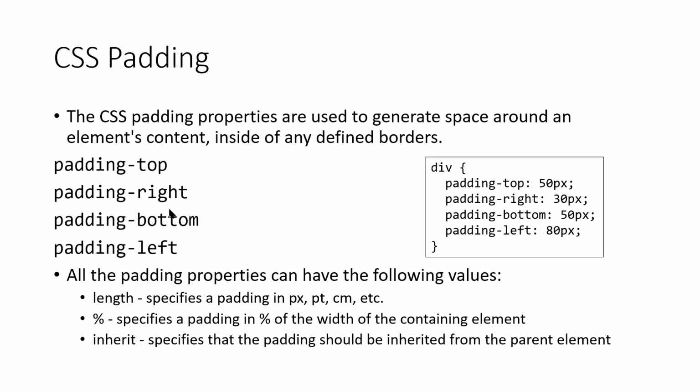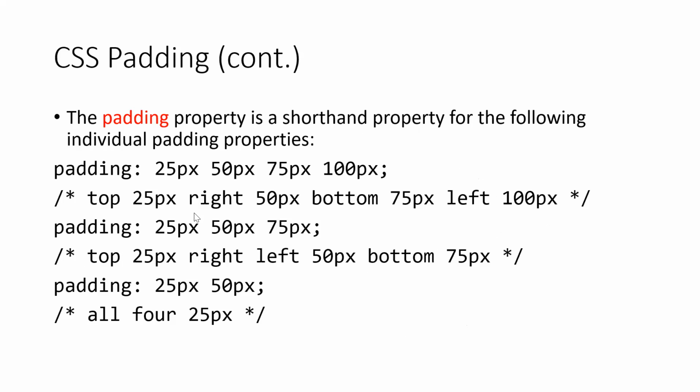So the padding is a space, and we can define it as top, right, bottom, and left. It is especially the space between the border and the content, right? These are some of the examples.